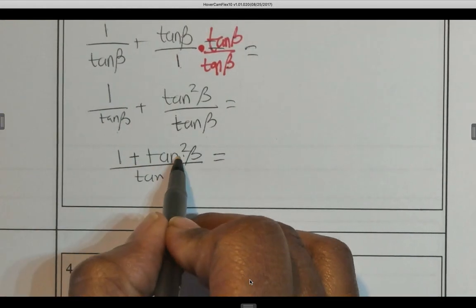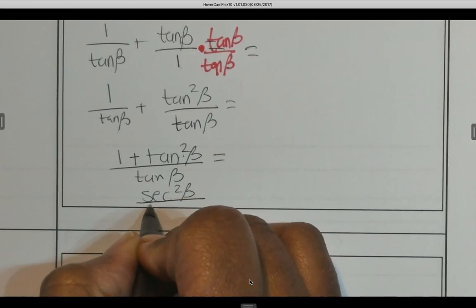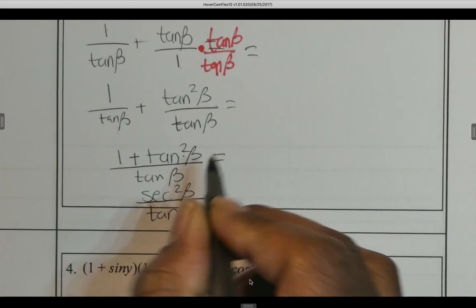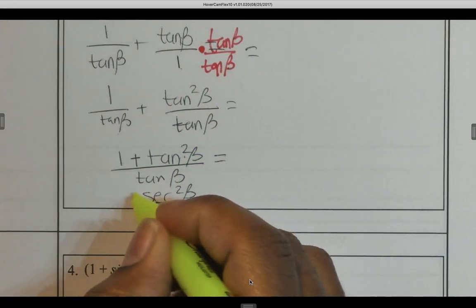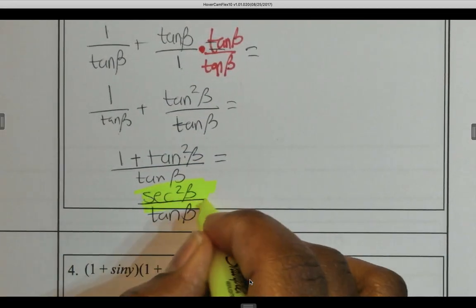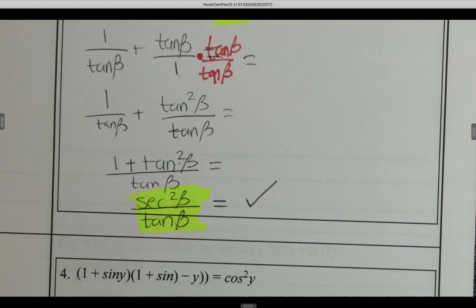I don't need to do anything to my denominator since it's already what I want. And now I have my left side exactly equivalent to my right side. Nice to put that little check mark so we know we're done, and we know we've shown that the left side equals the right side.